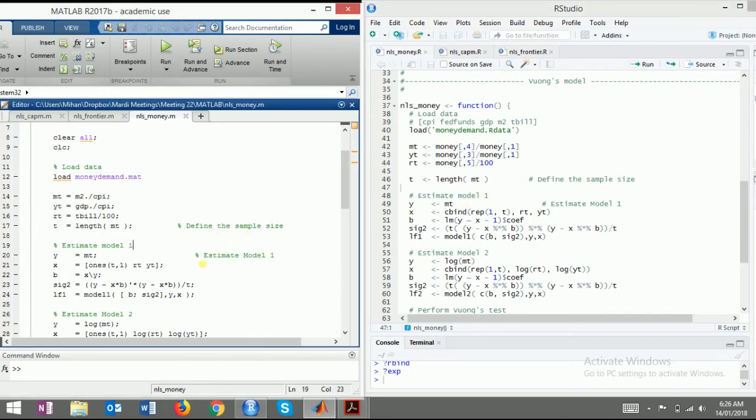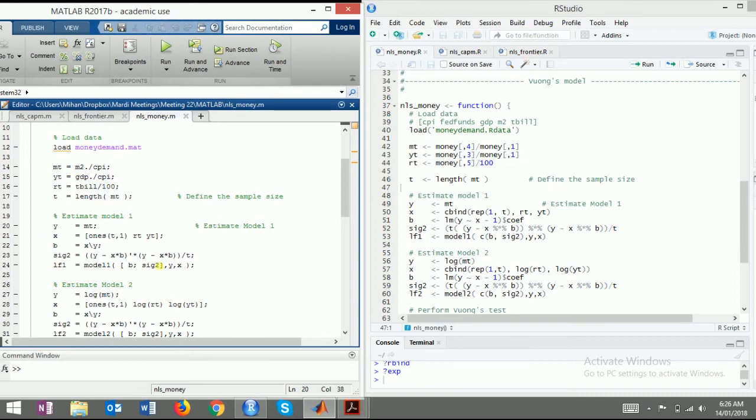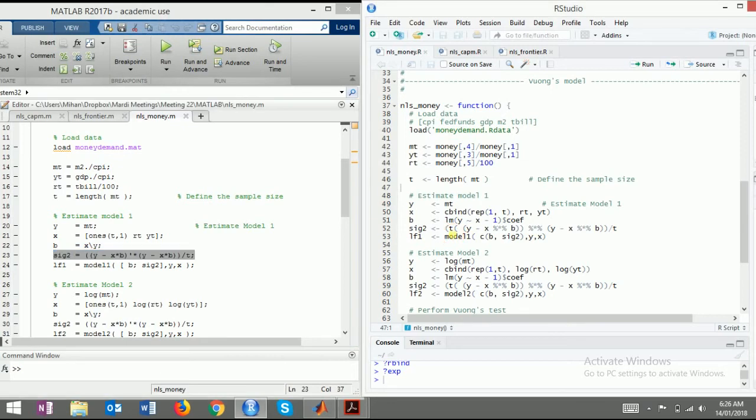Then we estimate the model. Y equals MT, then x is 1s. Then regression: sigma square is y minus xb transpose multiplied by y minus xb, u transpose divided by T. Simply we are doing it all in one go. That's all.